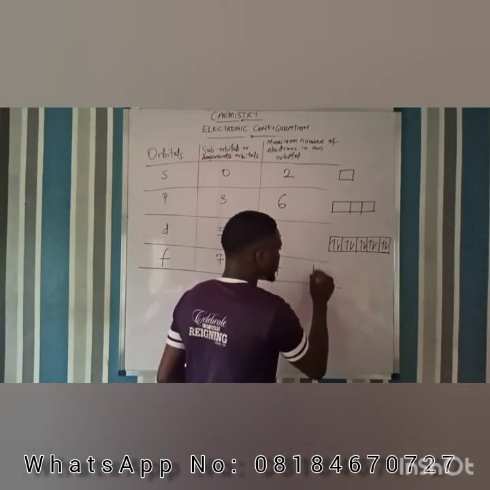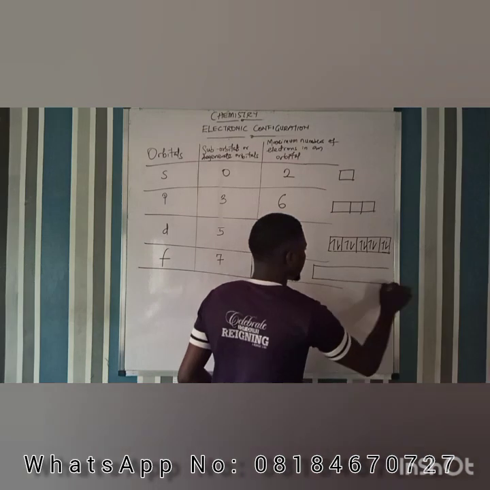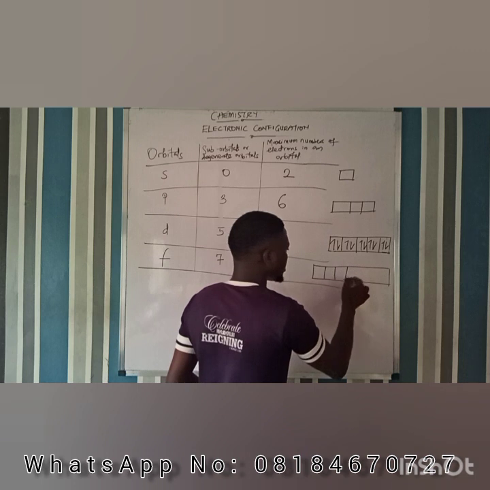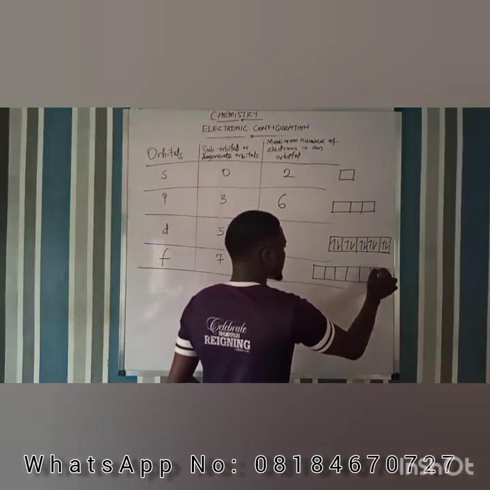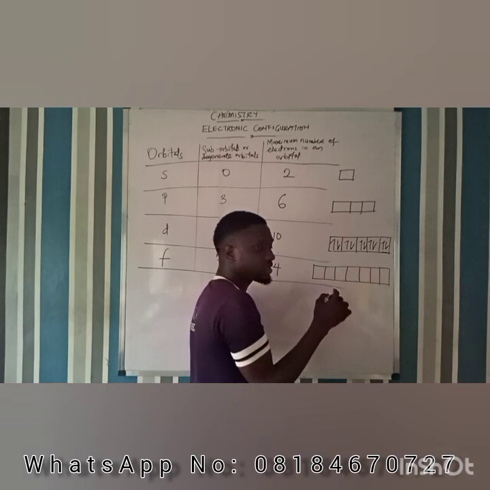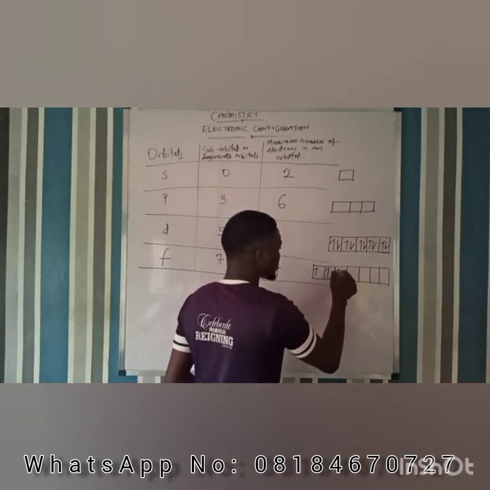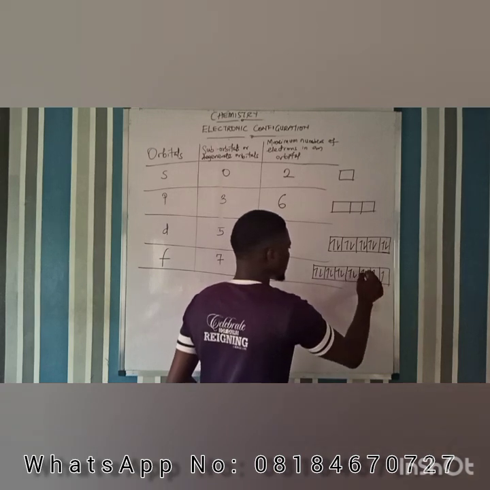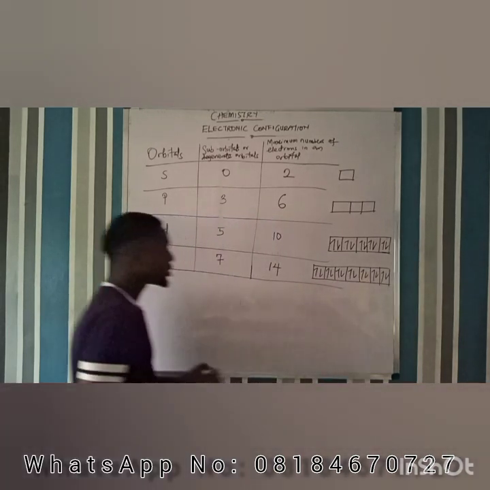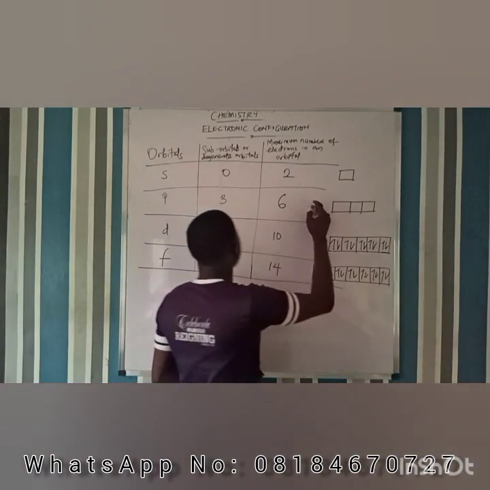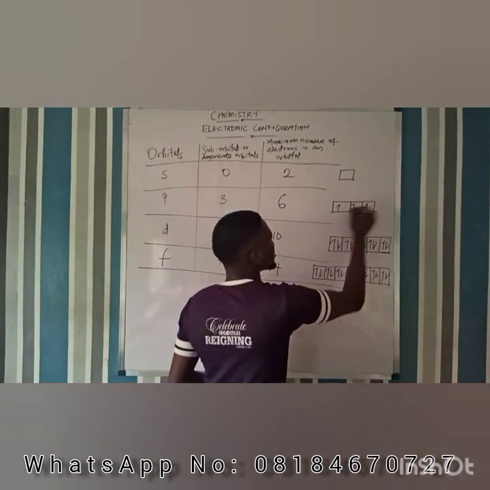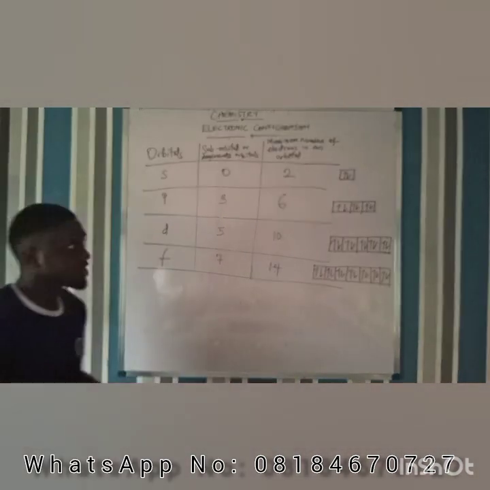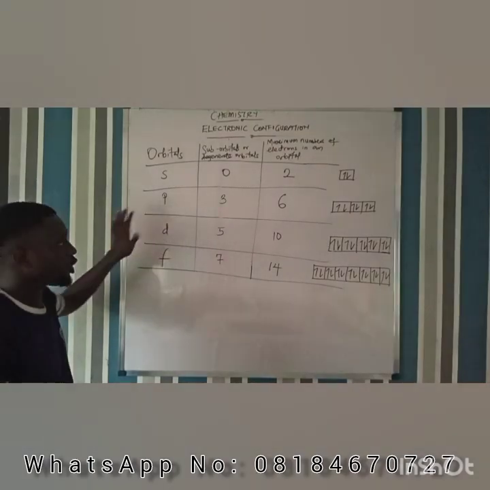And lastly, the F orbital. You cannot have more than 7 degenerate orbitals, so at the end of the day we have 14 electrons. Likewise, if you look at the P orbital too, this shows the number of electrons we can have in each of the orbitals.